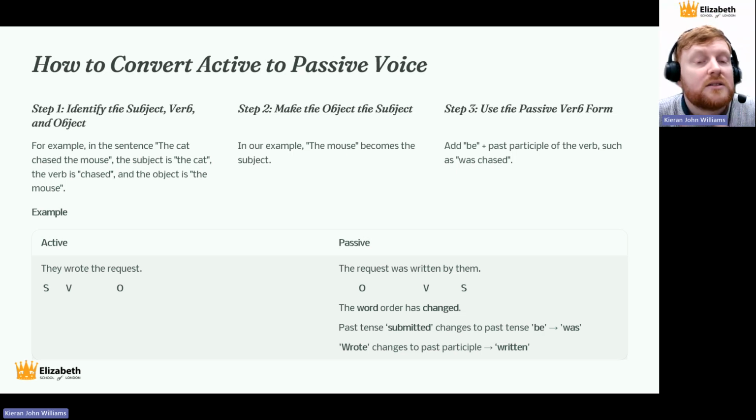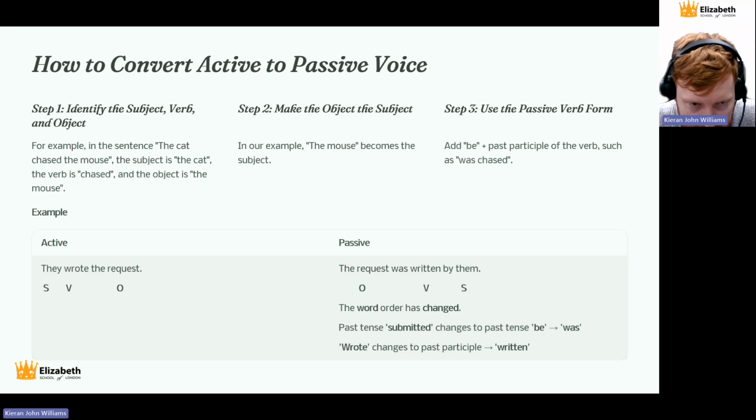If your active sentence is in the future, you need to put be in the future, which is will. And you still need to put your verb in the past participle form. So will be chased, things like that. Okay. So you would still need to change the be, whether it is simple, continuous, perfect, or perfect continuous.